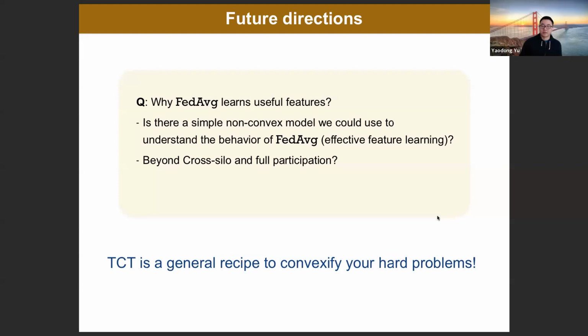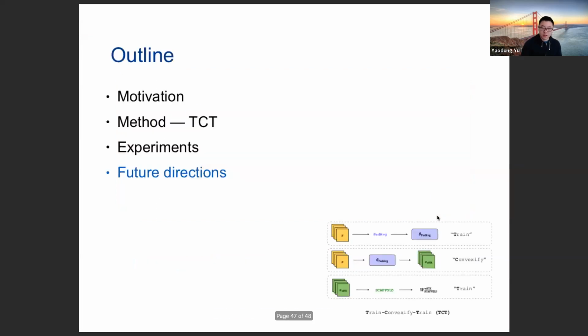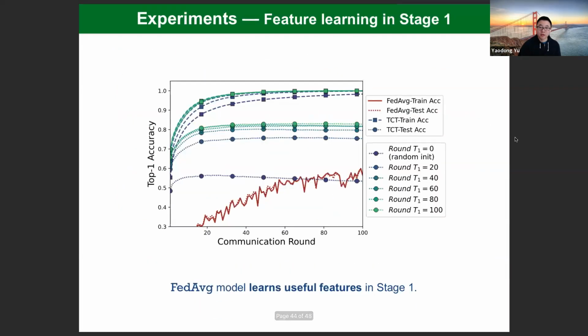Yeah, that's a very good question. So overall, our takeaway for this one, I think probably this is sort of related to your question. The overall message could be, once you do this convexification, you are not learning any new features from the model.